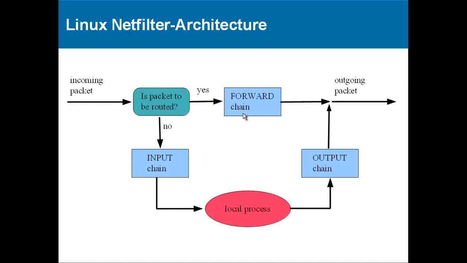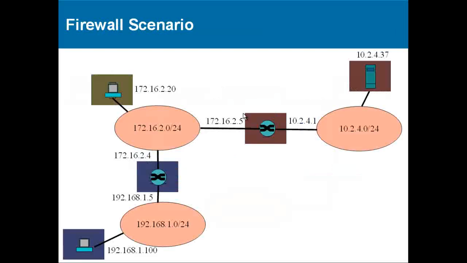So all that matters for us right now is of course the forward chain, because we are going to place the filtering functionality on the routers, either this router or that router. That pretty much is up to what we want to do.